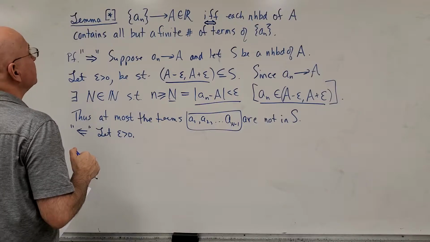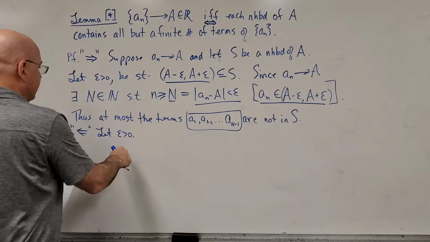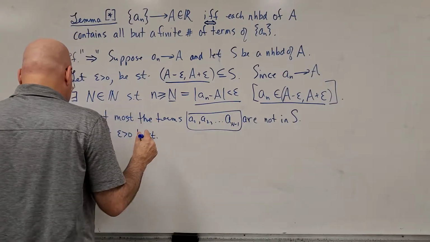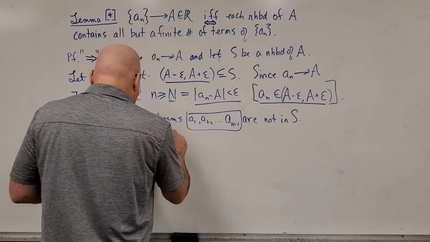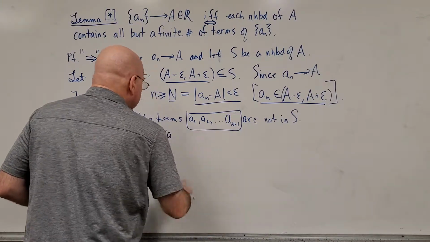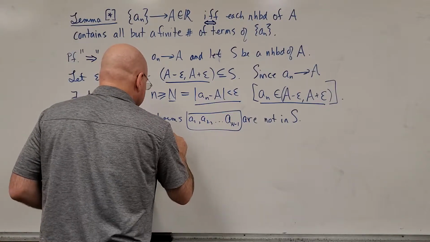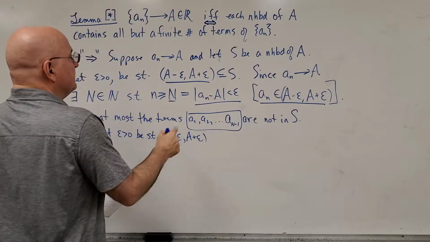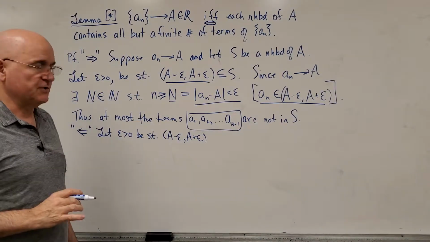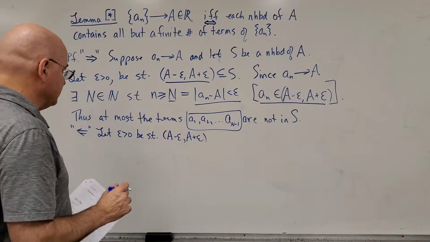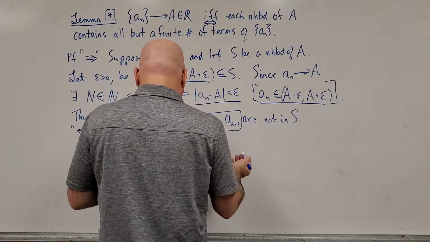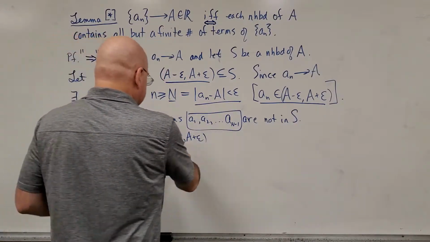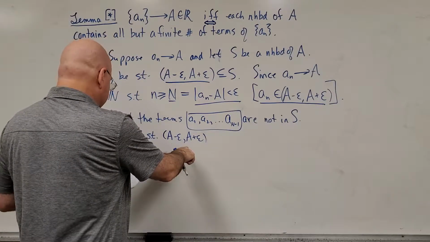What I need in this case is let epsilon greater than 0 be such that the interval a minus epsilon to a plus epsilon contains all but a finite number of terms of the sequence a_n. Let that be my neighborhood of a, the epsilon neighborhood of a.